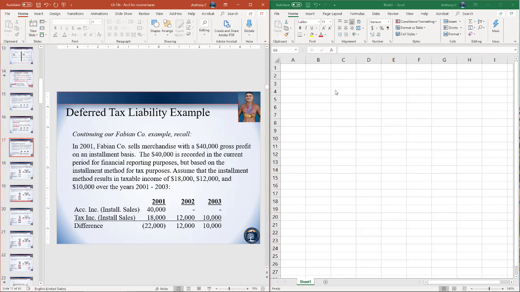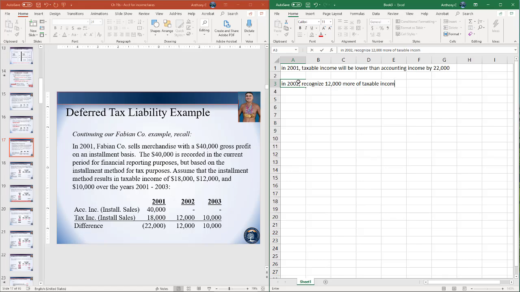So if we go back to our example, in 2001, taxable income will be lower than accounting income by $22,000. Right, and these differences will reverse in 2002. We're going to recognize $12,000 more of taxable income. And in 2003, we recognize $10,000 more of taxable income.